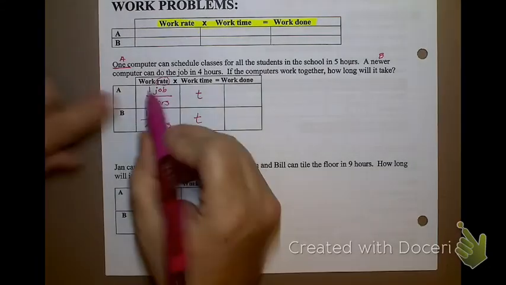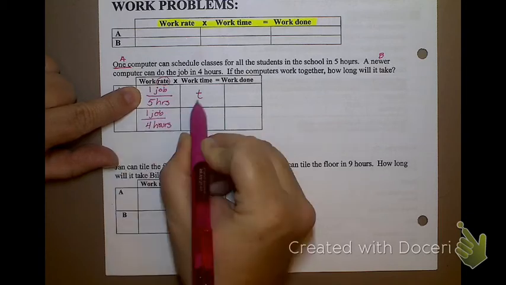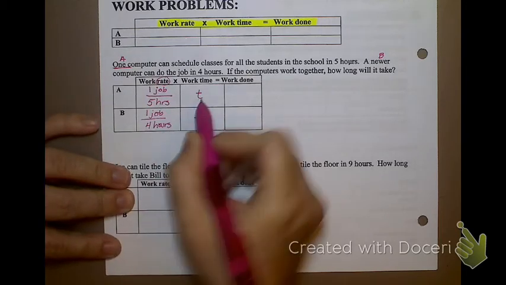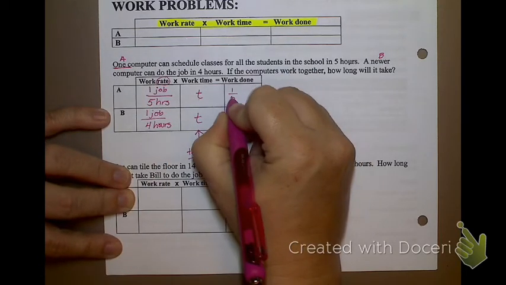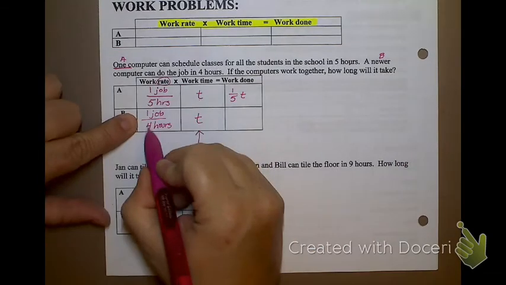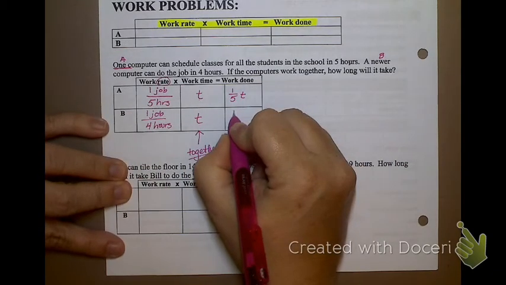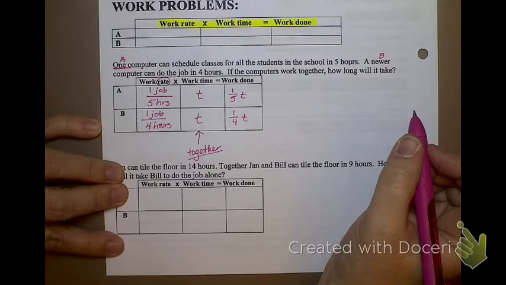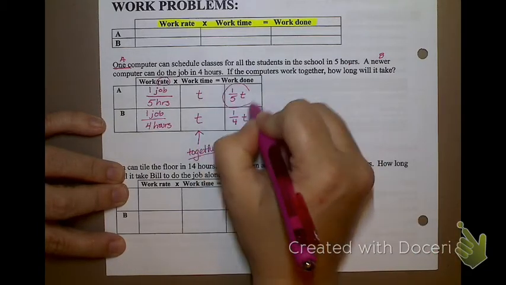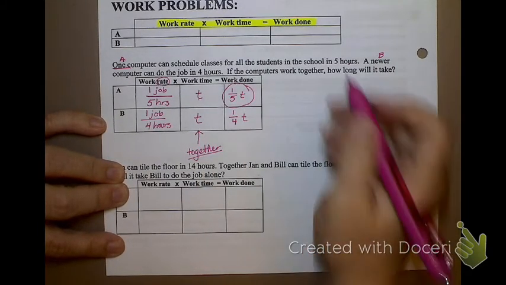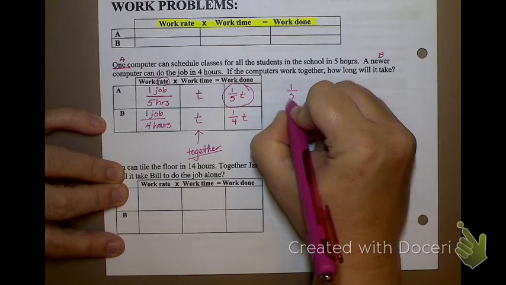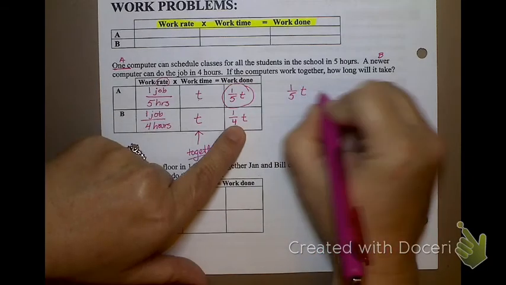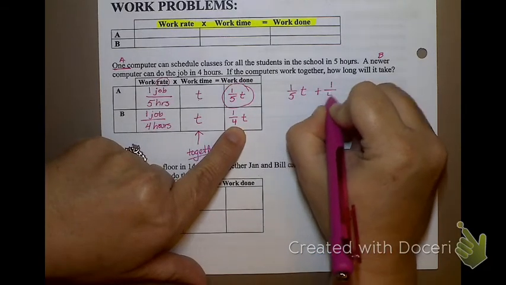You ready? What is 1/5 times T? 1/5 T. What's 1/4 times T? So in other words, this is how much of the full job computer A would do. This is how much computer B would do.